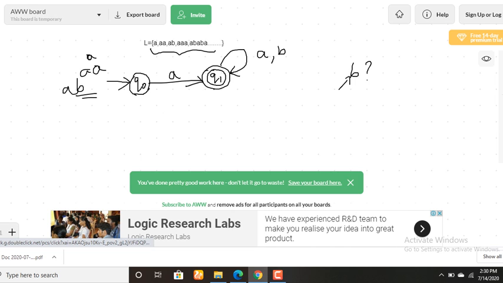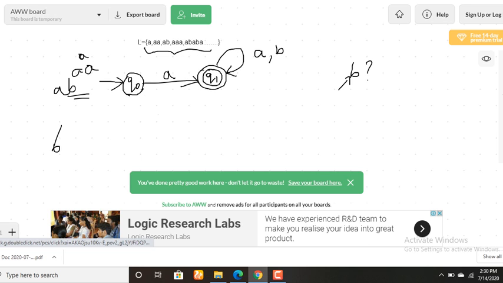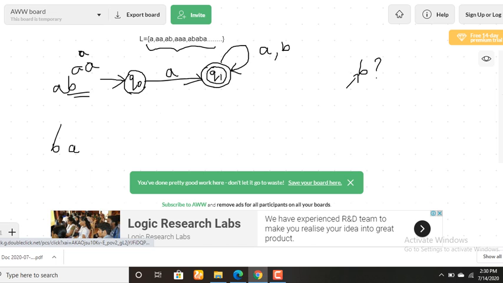This is actually a professional way: not only considering the acceptable strings, you have to consider the non-acceptable strings in your DFA. If the string BA comes to your automata, then definitely from the starting state, your automata goes into the dead state. Your automata is trapped in the dead state.